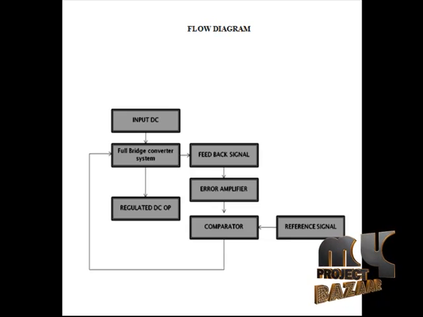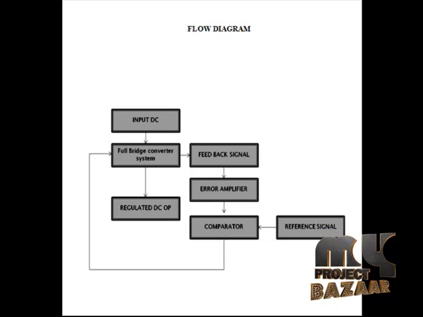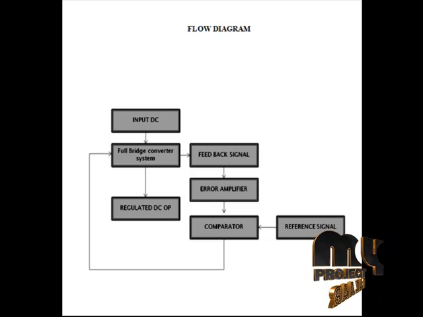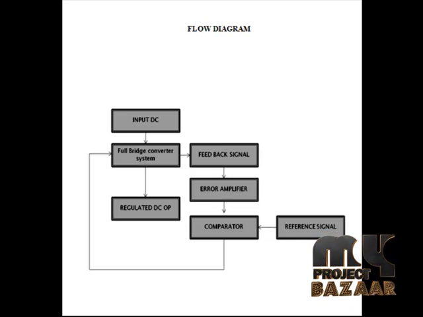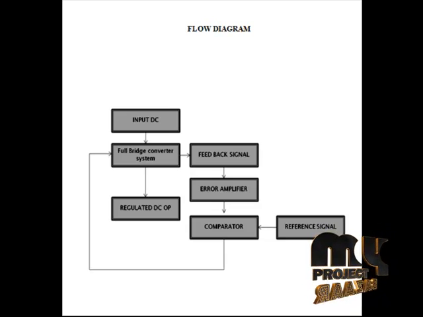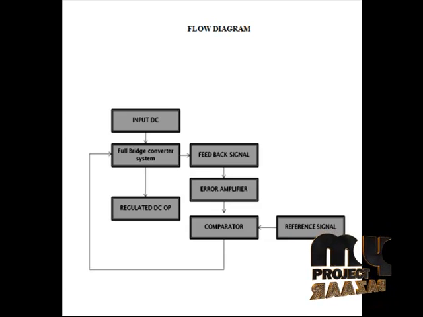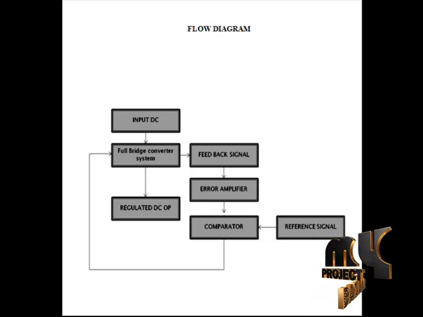The feedback signal is first fed to the error amplifier, which amplifies the signal from millivolts to certain voltage ranges, and this voltage is given to the comparator. The comparator compares the reference signal and the error signal and provides the pulse generator output of our desired error signal.